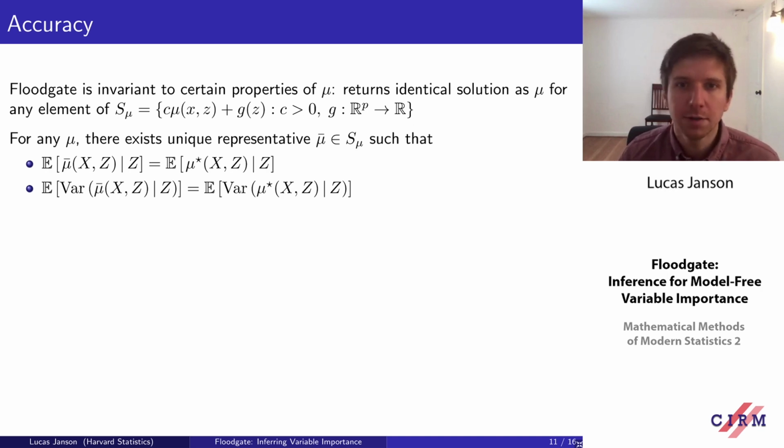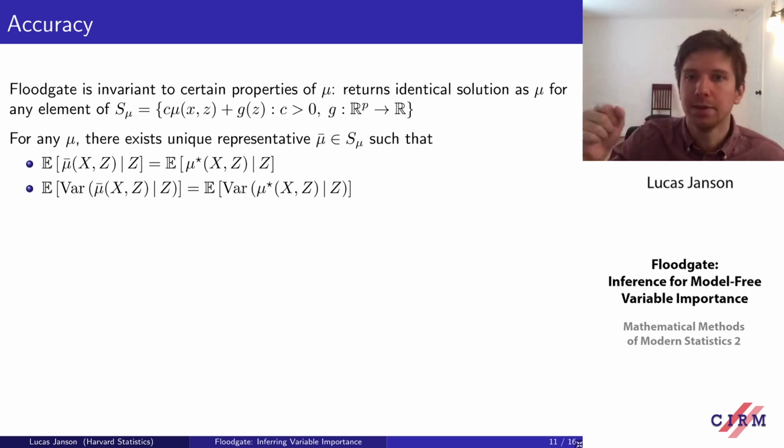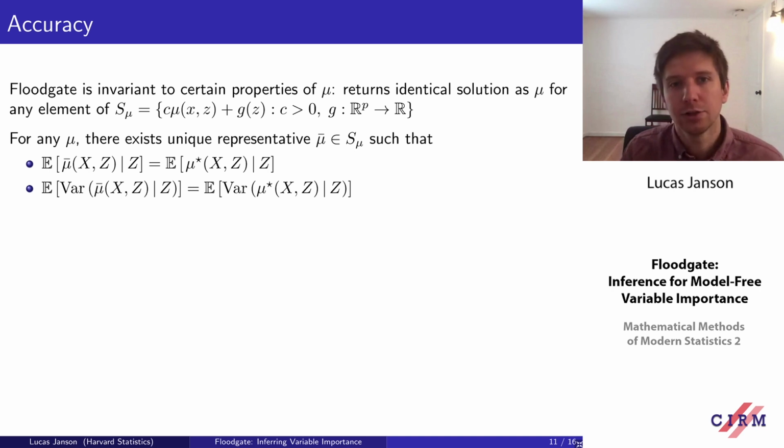So for every mu, the bar over it denotes that I'm taking the representative from the equivalence class S mu, such that mu bar has the same conditional expectation as mu star, and mu bar has the same expected conditional variance as mu star. It turns out this always uniquely defines exactly one representative from S mu for any mu. And you can see that since we're matching mu star, we're trying to pick a pretty good representative, right?